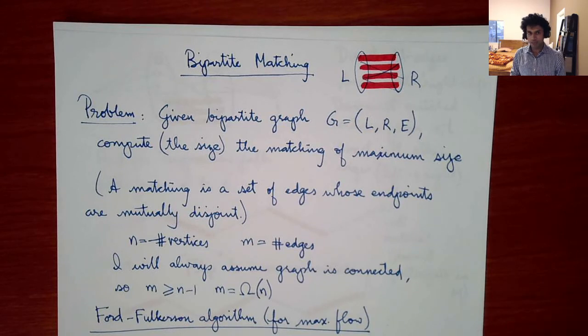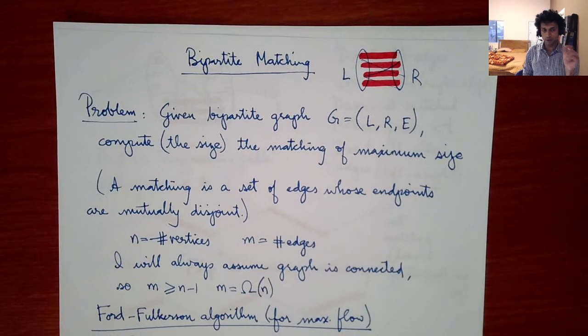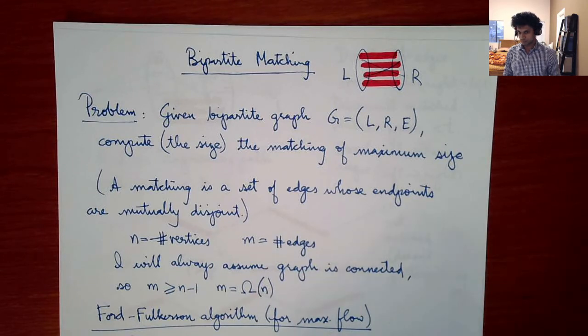So your aim is to match the maximum number of vertices. And when you say mutually disjoint, meaning a vertex can only have one edge coming out of it? The endpoints are mutually disjoint. So a vertex is only allowed to participate in one matching edge. Okay, any questions?